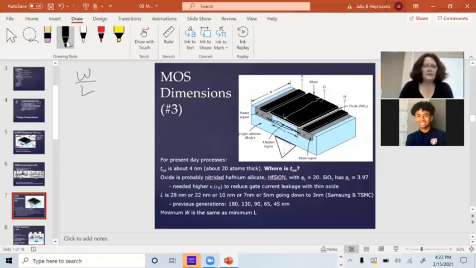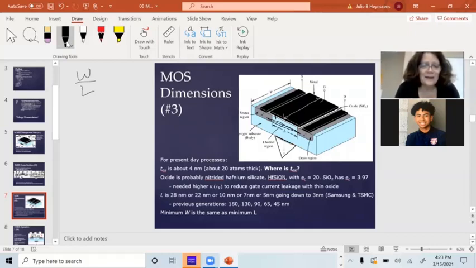In present day processes, the oxide thickness across here is about 4 nanometers. That's only about 20 atoms thick. It's what it is. There's not a lot of high precision in this processing.